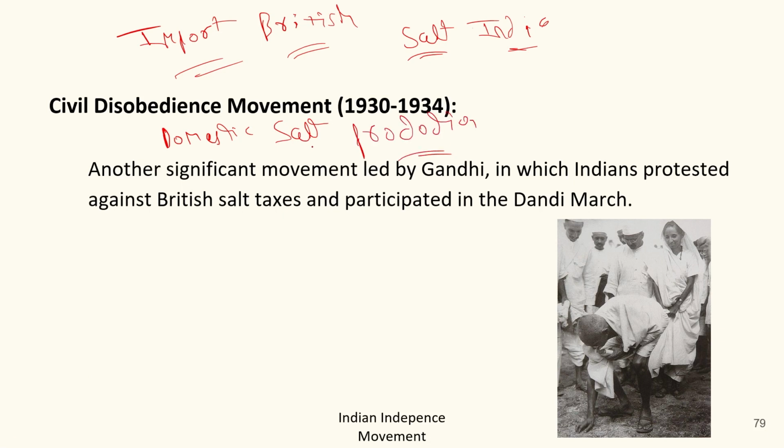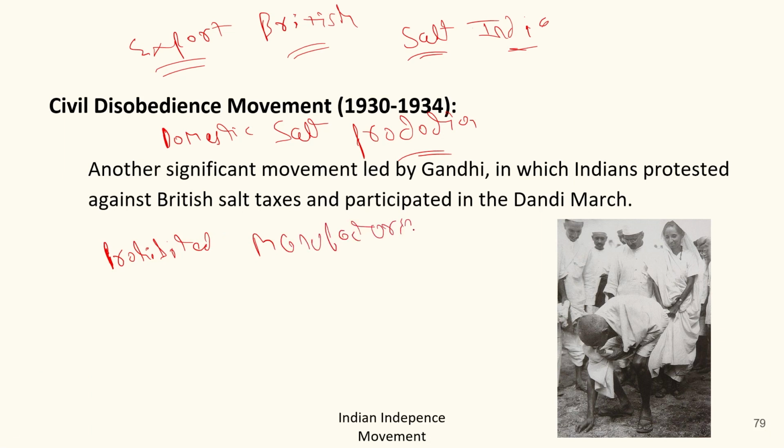To help the British exporters, the British government imposed a salt law which prohibited the manufacturing and processing of salt in India.